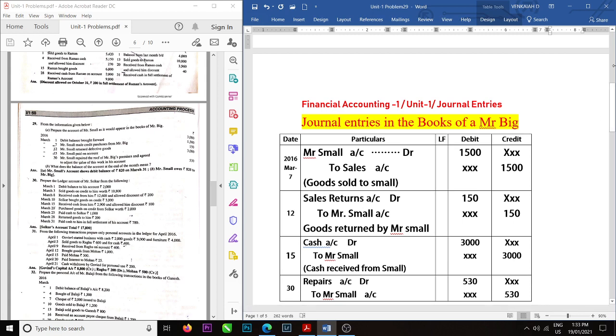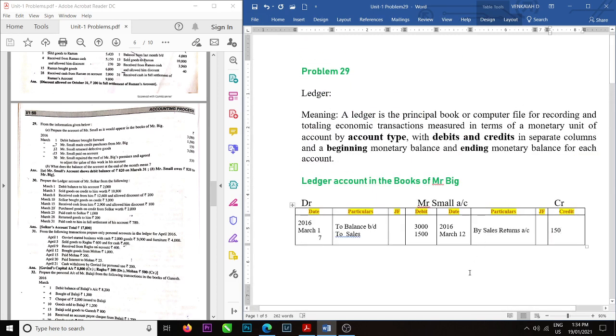We have to write on the credit side, starts with by cash. Amount is 3,000.